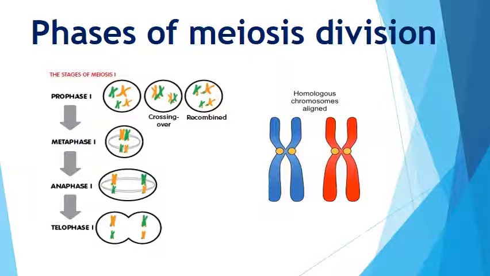In the first stage, we have four phases, which are prophase 1, metaphase 1, anaphase 1, and telophase 1. Let's start with the first phase, which is prophase 1.